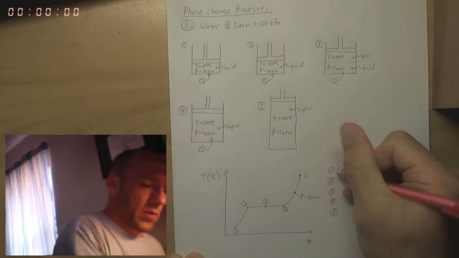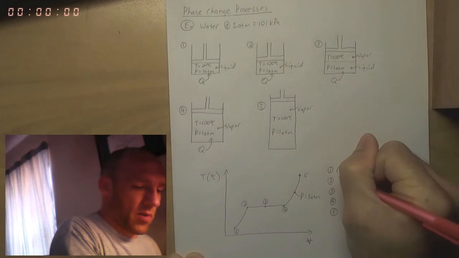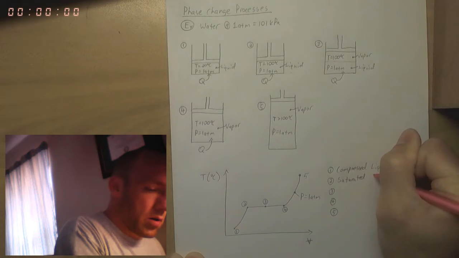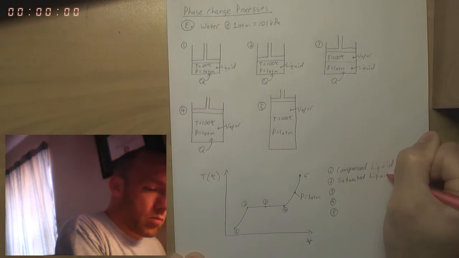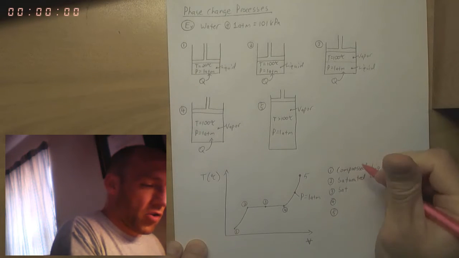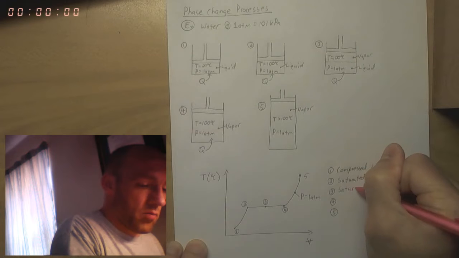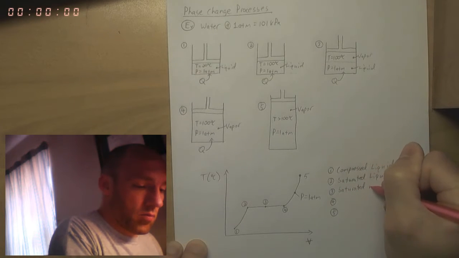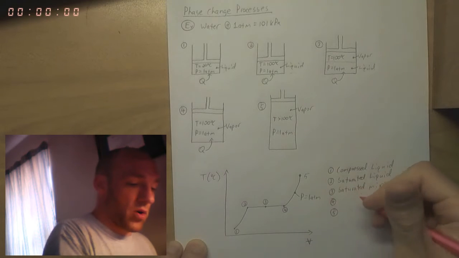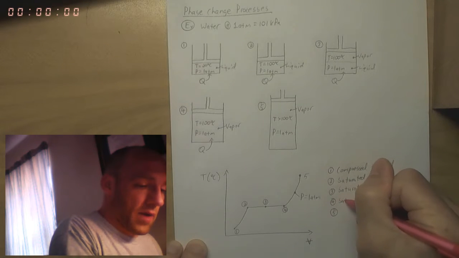At 2, I discussed this briefly, but this is going to be a saturated liquid. Then at point 3, this is a saturated mixture. State 4, saturated vapor.